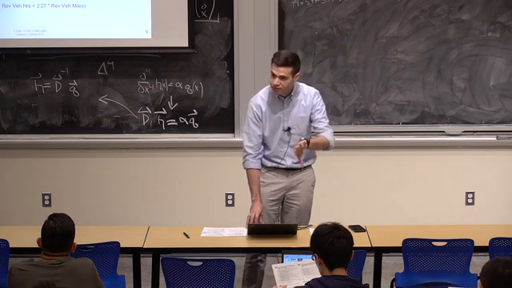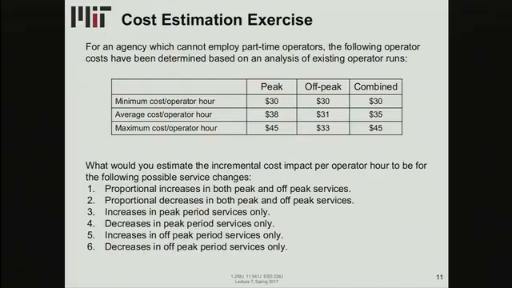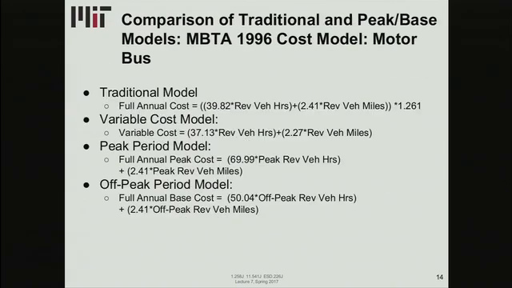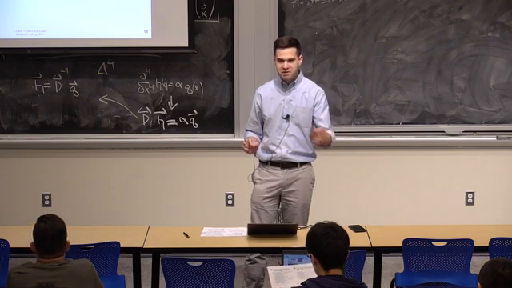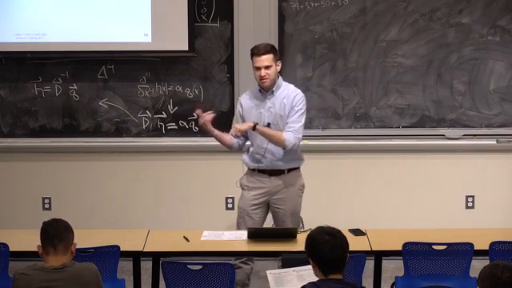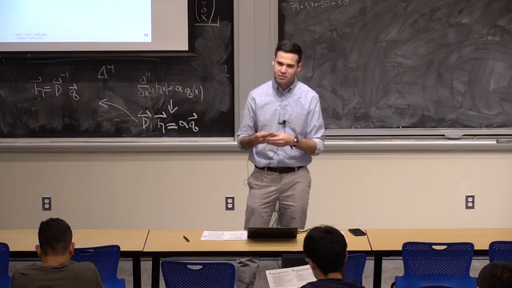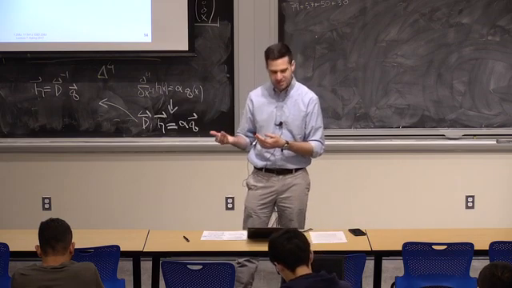We're only doing it for revenue vehicle hours, right? Because it's for driver costs, and driver costs are associated with hours, not miles. So that stays the same. So this is our full annual peak cost model. And if we want to increase peak-only service, we use this model, not the other one. And it'll reflect more faithfully what the costs will be.